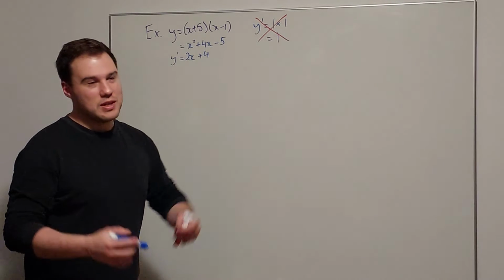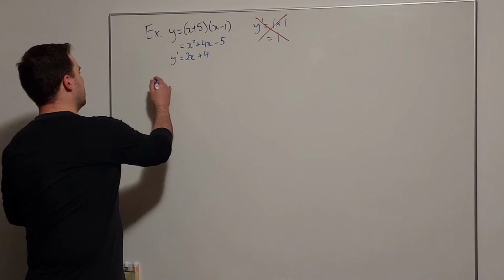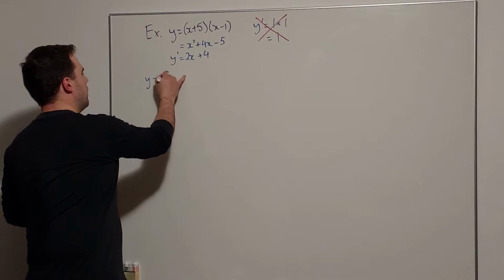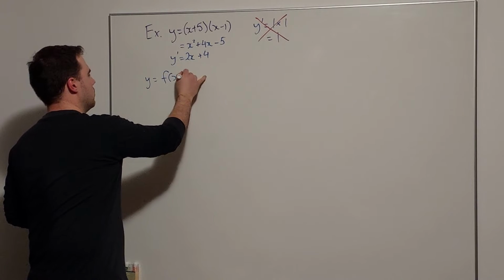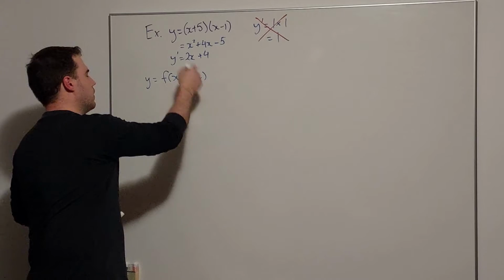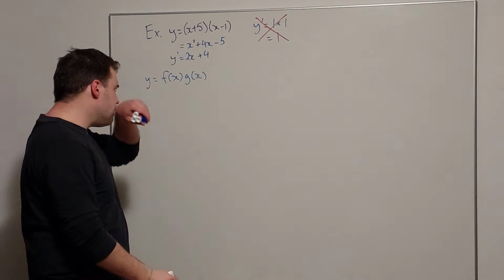Well, let's consult the definition again. Let's say we have some function y made up of some function f times g.